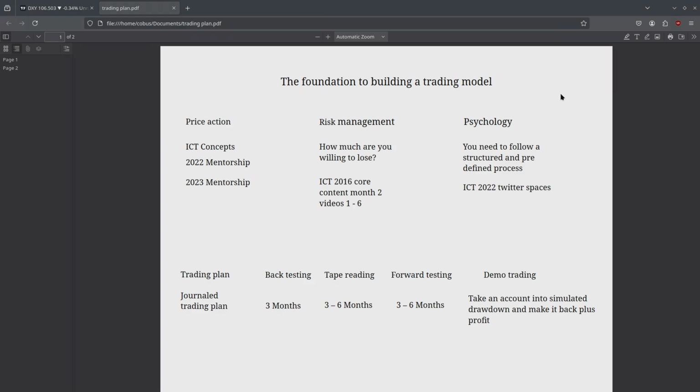And they're not changing it. They're not looking to get on the new thing every week. And yes, there will be times that your model will not pan out. There will be times where you will take losses, but it all comes back down to the risk management.